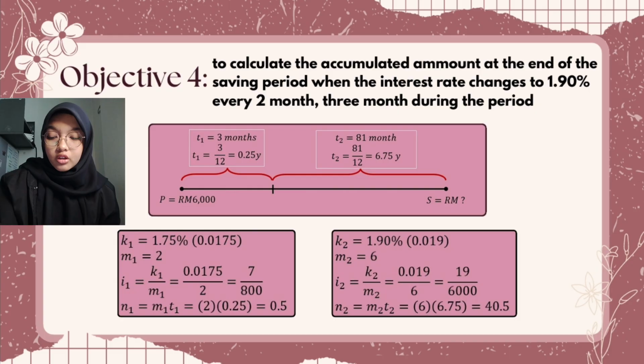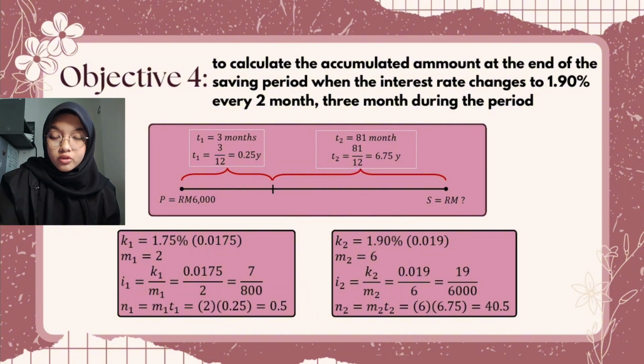For K2, 1.90% or 0.019. The frequency M2 equals 6. I2 equals K2 over M2 equals 0.019 over 6, which gives 19 over 6,000.